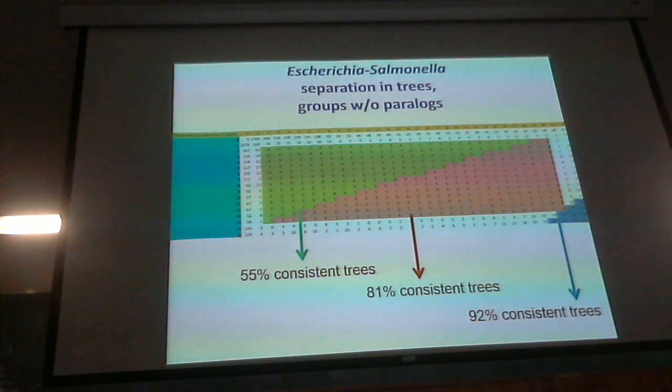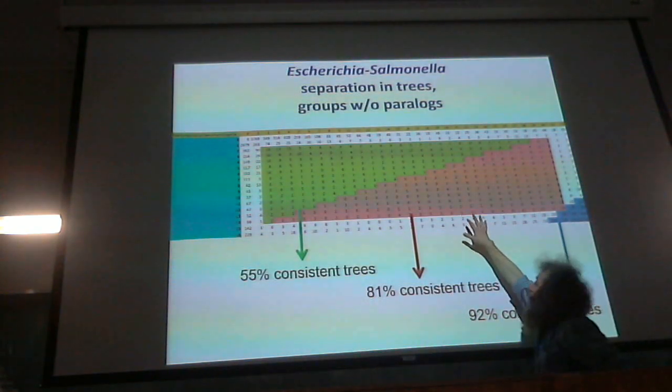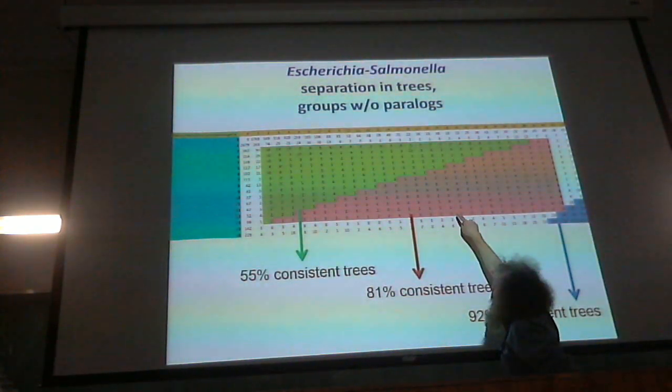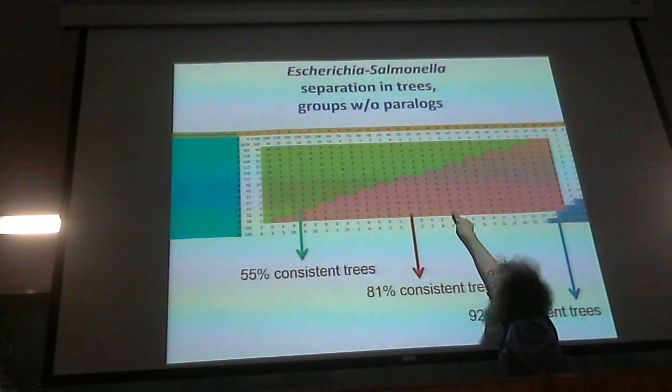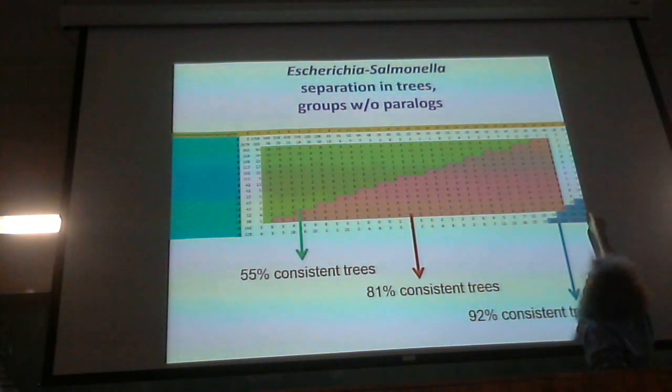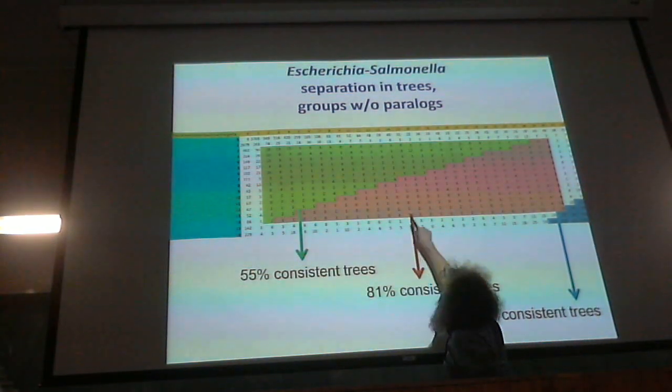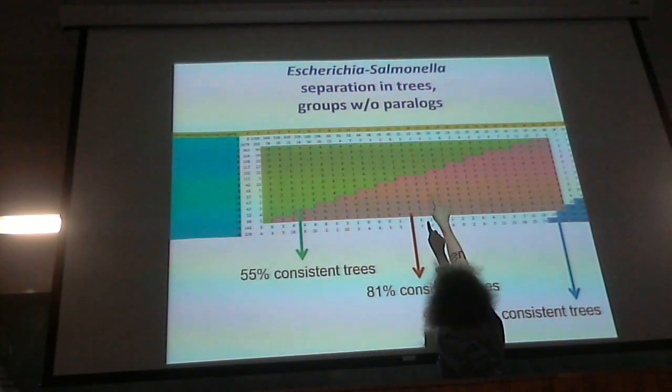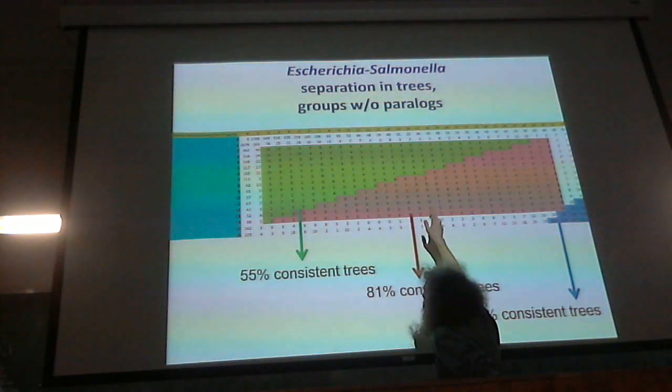We have Escherichia strains as lines, Salmonella strains as columns, and the number in each cell means that there is only one gene present in, let me see, 12 Salmonellas and 17 Escherichias, whatever.